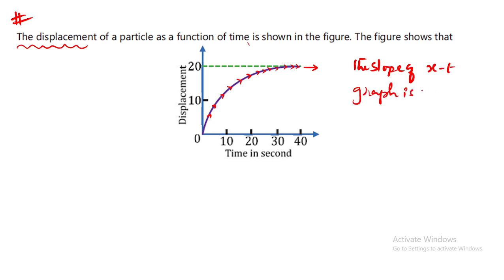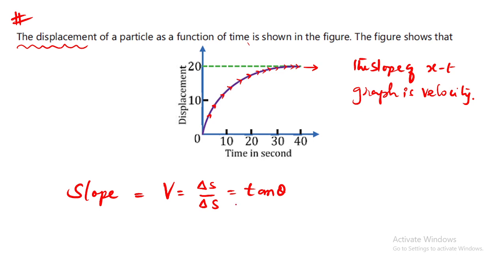So for the XT graph, the slope gives speed, or you can say velocity, because for displacement I should use velocity. Velocity is nothing but slope, we know, right? It is nothing but change in displacement by change in time, which is also written as tan theta. Yes or no? Now the theta concept is important. Now you see this line and this line are parallel. The two lines are parallel. The theta angle will be how much here? 0 degrees.